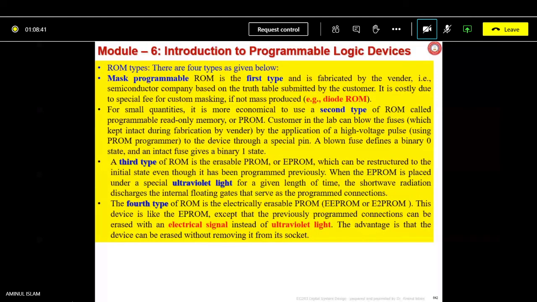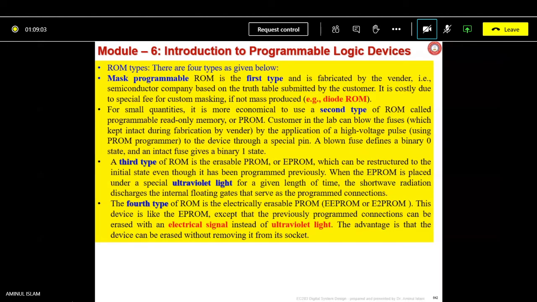So a blown fuse is binary 0 or low, and if there is a fuse, then it indicates a binary 1 state. We have already discussed that, and that discussion is good enough to understand all this.